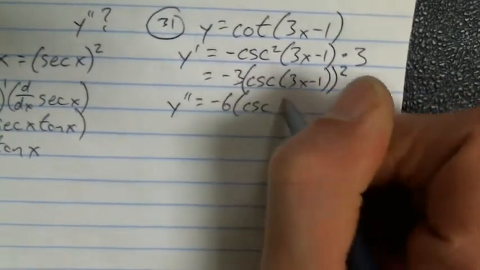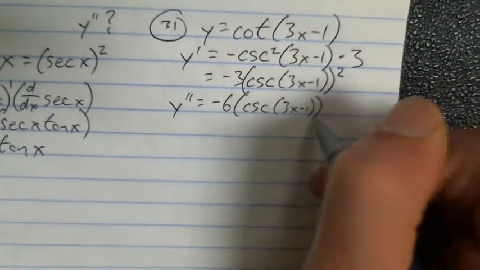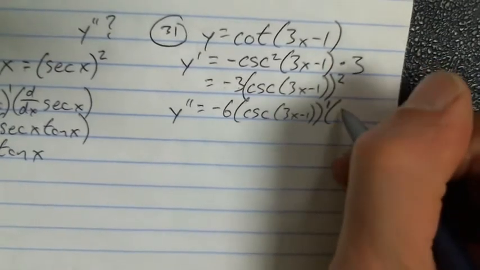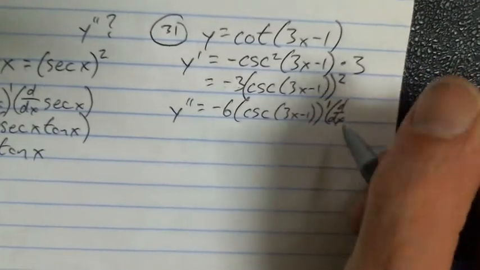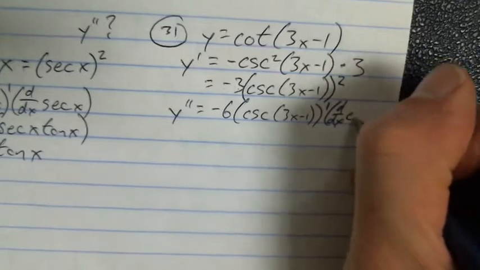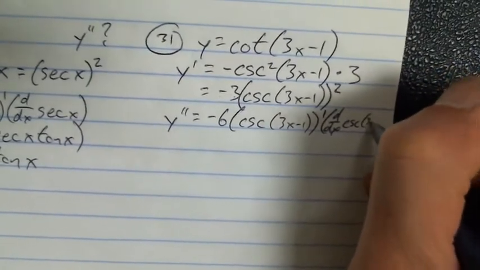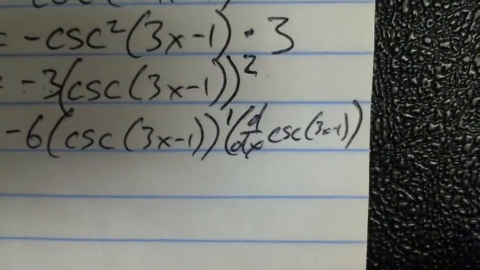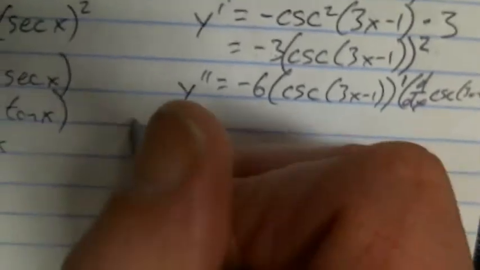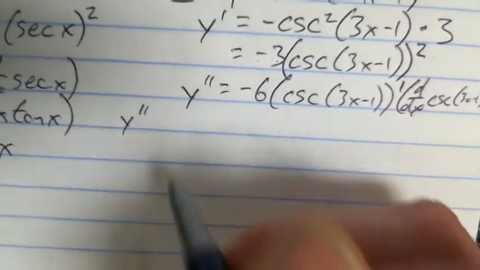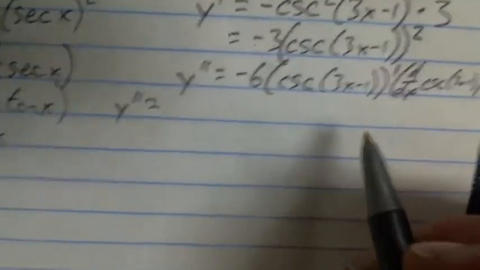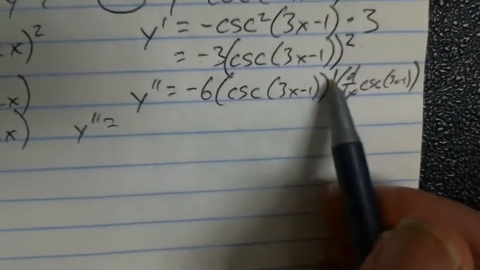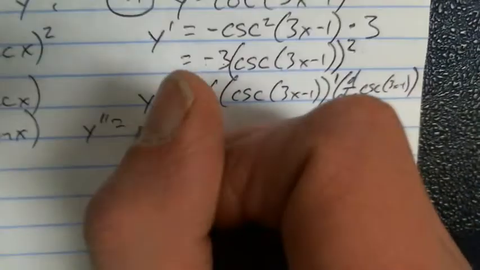That's going to be cosecant of 3x minus 1, all to the first now, then times the derivative of this inside, which is cosecant of 3x minus 1. Let's move over to the left a little bit. So this 1 can just stay, the negative 6.